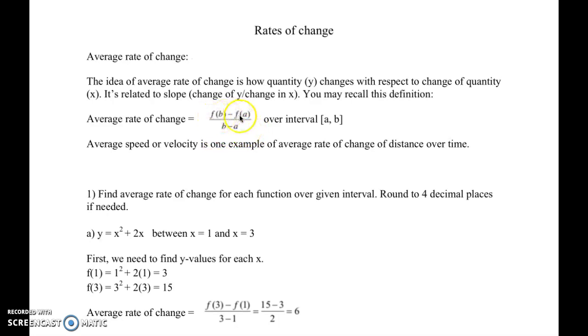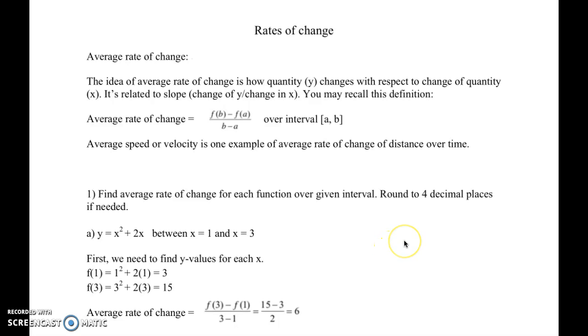So we have function of b minus function of a, usually our rightmost value minus our leftmost value, and the same with our x's. And average speed or velocity is one way to look at average rate of change. Average speed is the change of your distance traveled over the time that you've traveled.